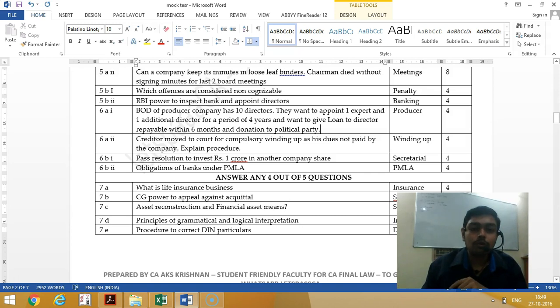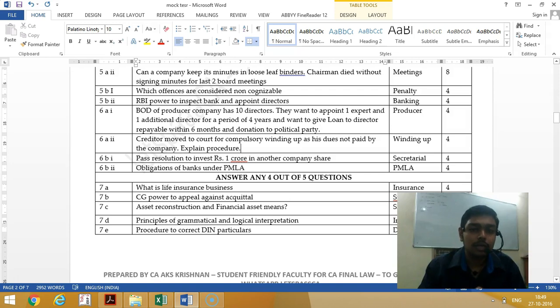A creditor moved to court for compulsory winding up because dues were not paid by the company. Answer: even if 500 rupees is not paid to the creditor, there is every possibility of the company going to court.